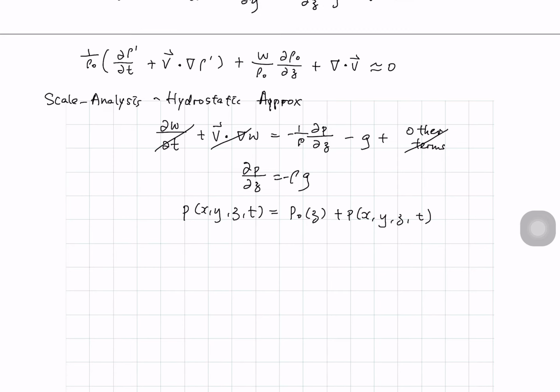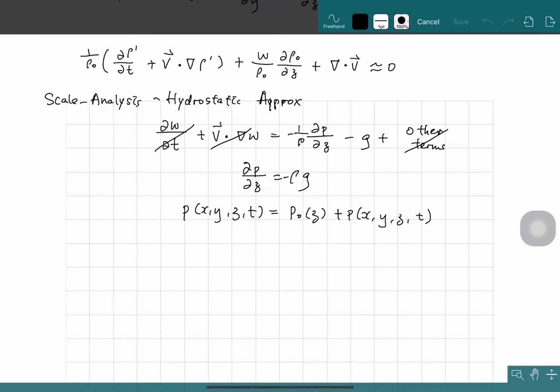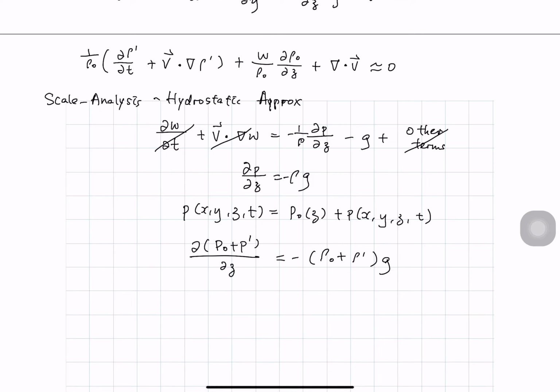It's the same operation for density. We substitute this into the equation.